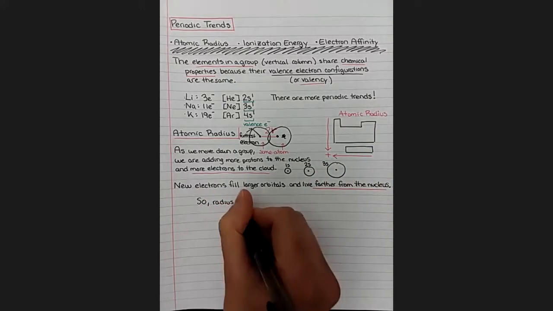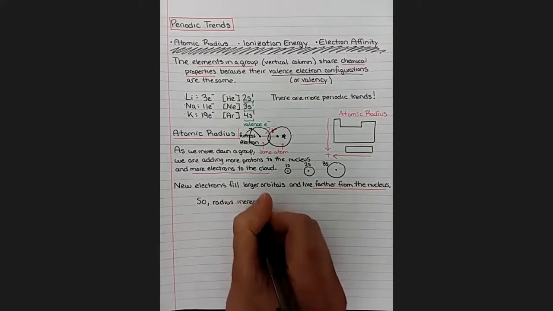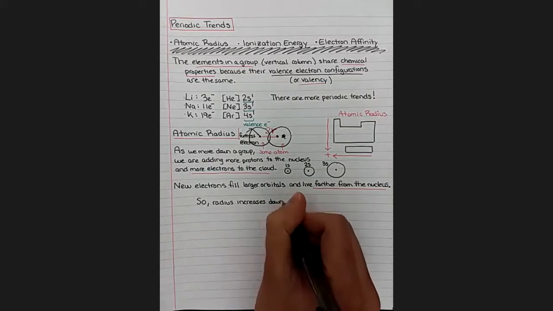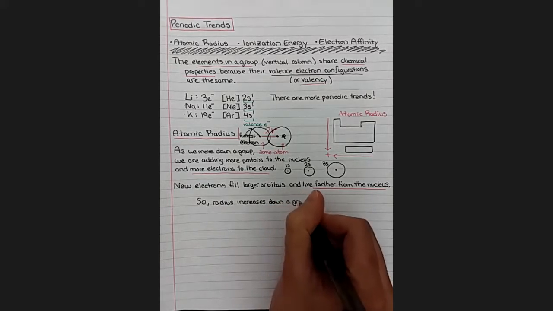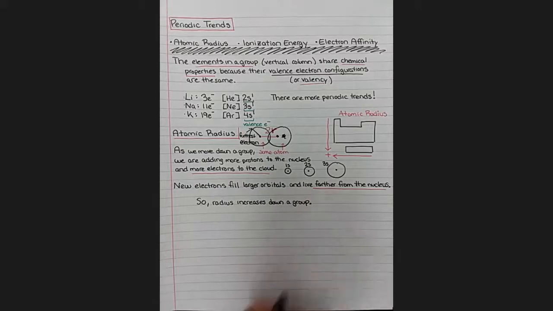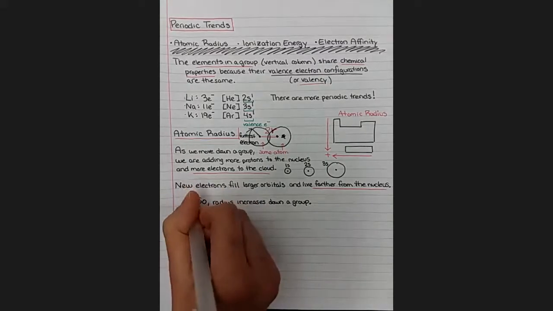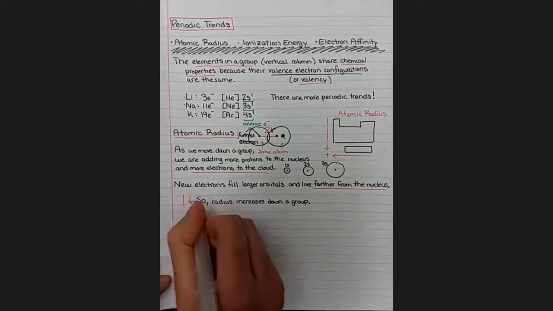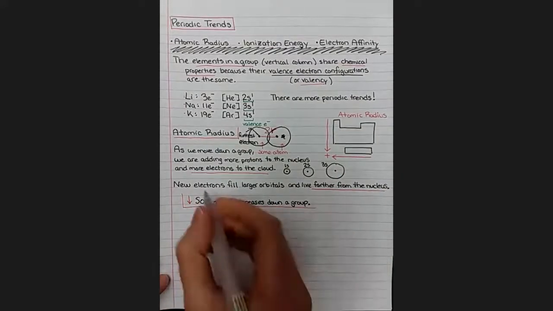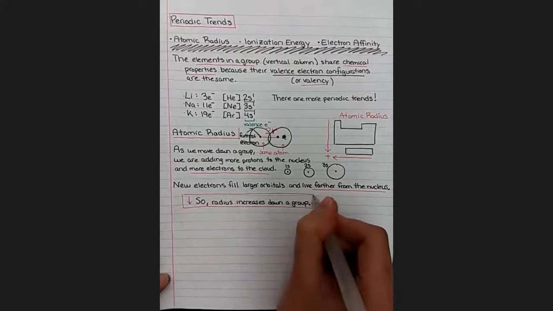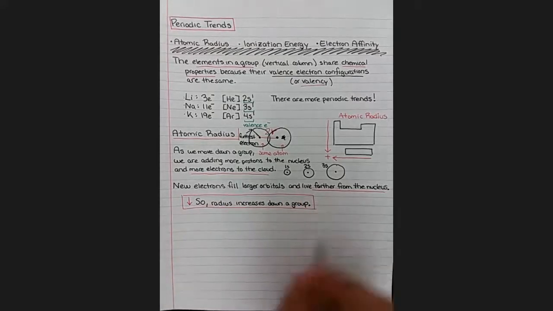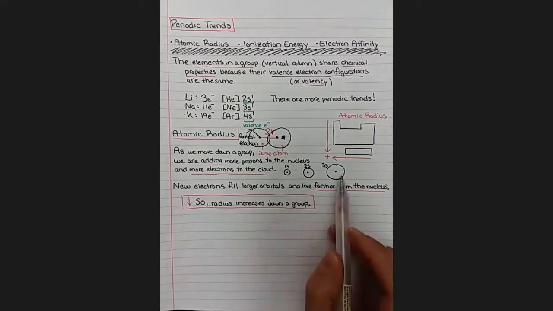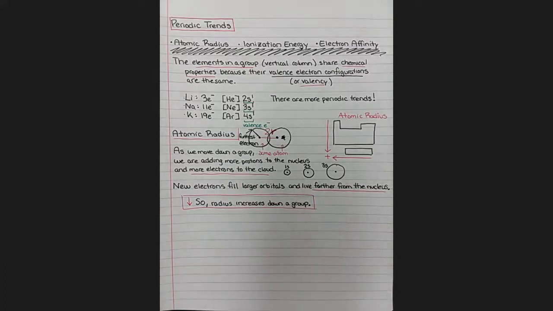Our radius increases as we move down a group. So the increasing direction is down, and that's why we drew the arrow pointing down in the table. So we can rationalize that. That makes sense. We add more electrons, they're farther away, so the radius is larger.